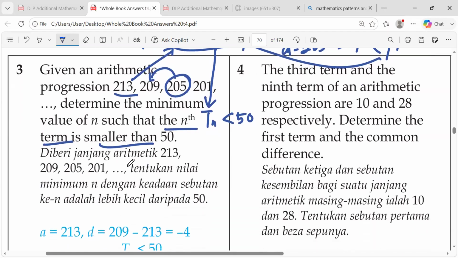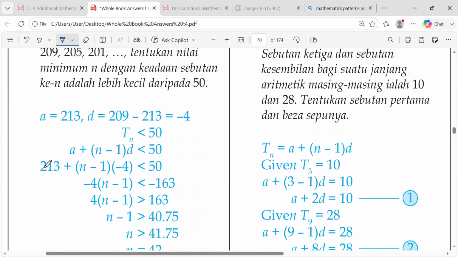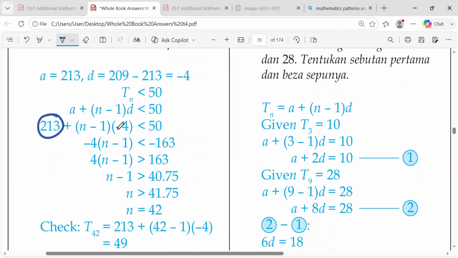Okay, so let's check. 1, 2, 2, 1, 3, and then -4, and it becomes minus over here. This one moves over there, becomes negative 2, 1, 3, and then I get the answer. After that, I divide by -4.